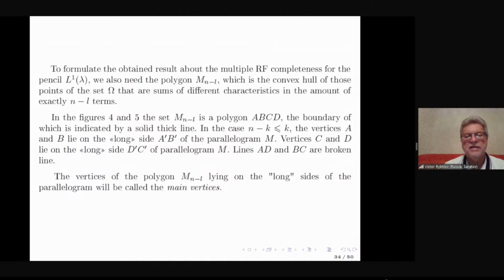In the case n minus k is less than or equal to k, the vertices A and B lie on the long side A prime, B prime of the parallelogram M. Vertices C and D lie on the long side D prime, C prime of the parallelogram M. Lines A, D, and B, C are broken lines. The vertices of the polygon M n minus L lying on the long sides of the parallelogram will be called the main vertices.